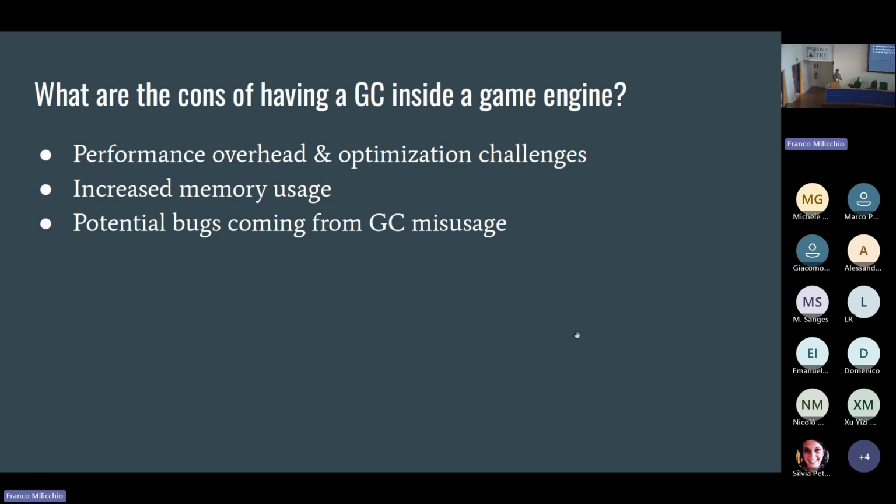It increases your memory usage because, of course, the GC needs more data structures in order to work. And I have already said that, but of course, there are potential bugs. You can create bugs if you don't know how the GC works.